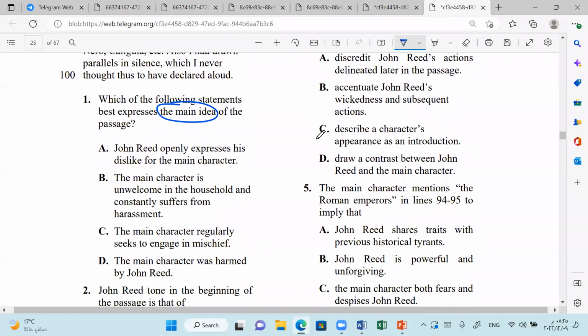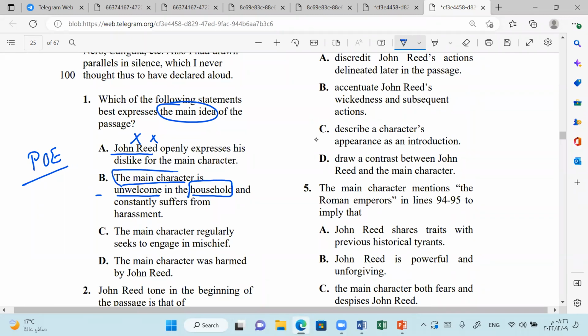Okay, so let's go for the process of elimination. John Reed openly expresses his dislike for the main character. I haven't read about John Reed. This is specific, as long as it's not mentioned or referred to in the blurb. The main character, yeah, perhaps she is the orphan girl, is unwelcome, negative, in the household.